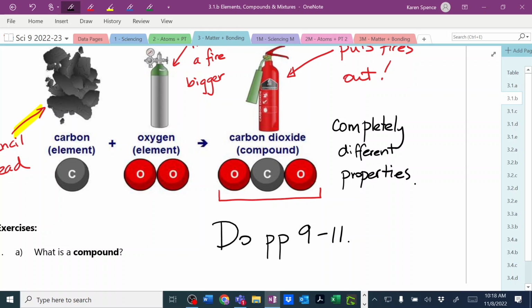And would someone like to volunteer to hold this? Ryan? Okay. And now I have my fancy meter stick here. It's going to pop, but hydrogen is kind of an explosive gas.